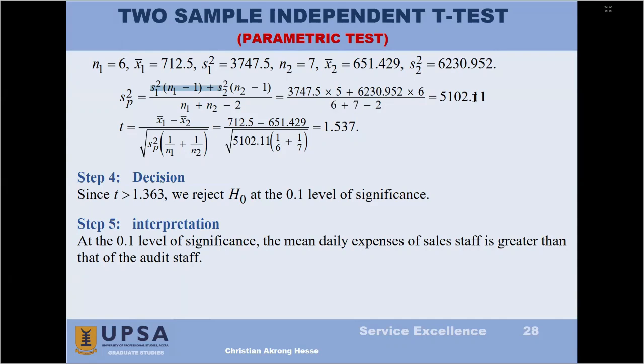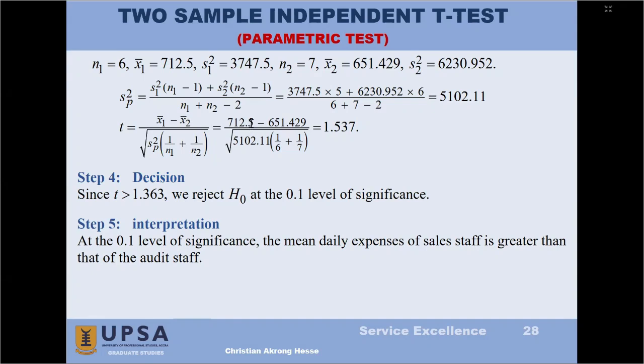Give me the answer. Check whether my answer is correct. 5102.11. Yes, please. Correct. Okay, it's correct. Good. So we substitute these values into this one. In fact, in this case, the mean for the sales staff will come first, and that of the audit will come second.